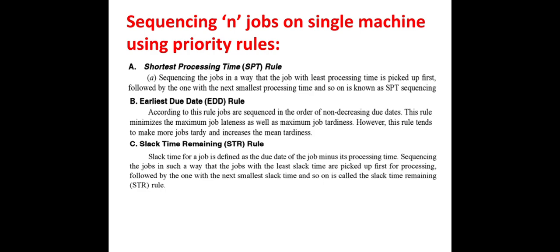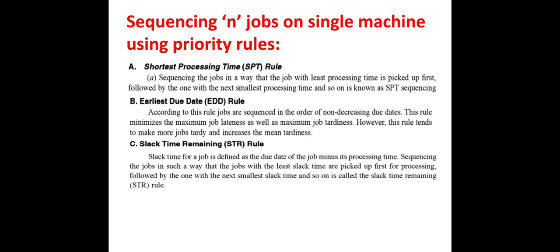Next is the earliest due date rule, that is the EDD rule. As the name itself indicates, the job whose delivery date to the customer, I mean due date, is earliest is sequenced first, and the job with the next earlier due date is considered for sequencing next.